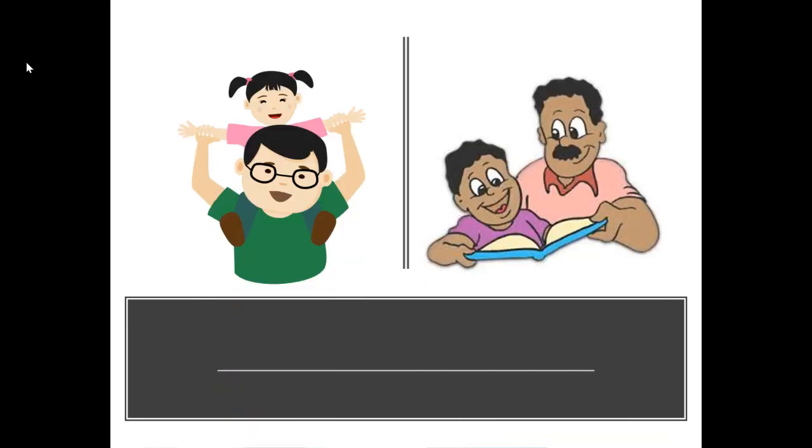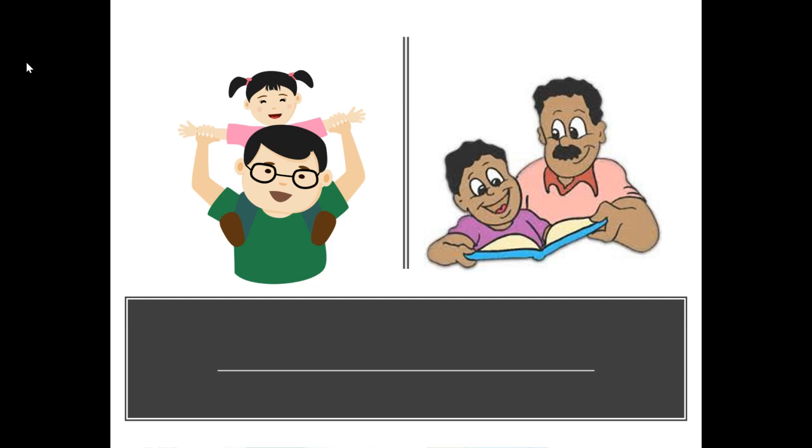Next group of pictures. What do you notice or see? I notice or I see. Well, in the first picture, I notice it looks like a dad with his daughter on his shoulders.